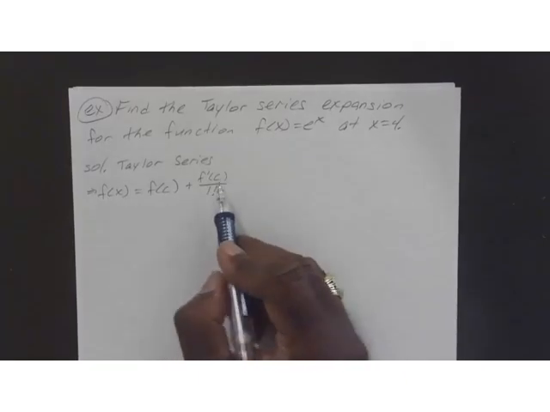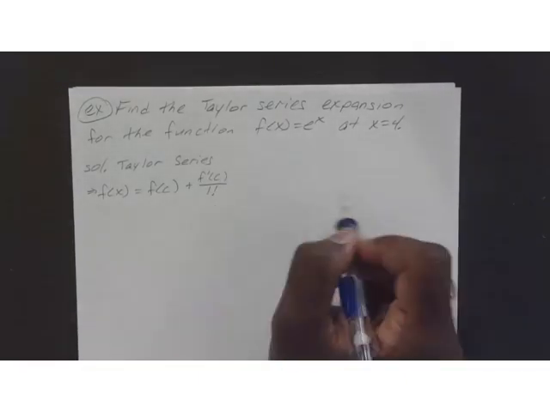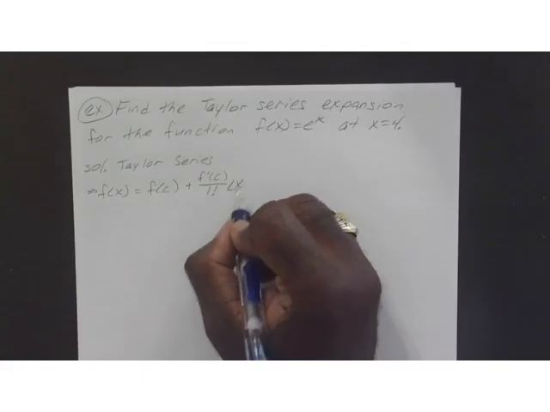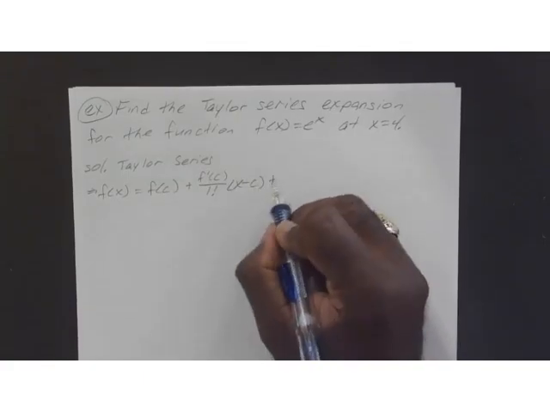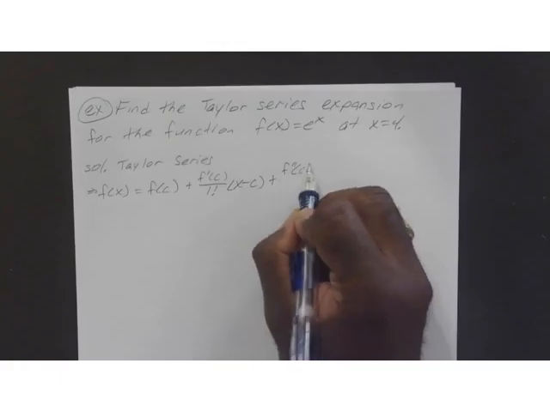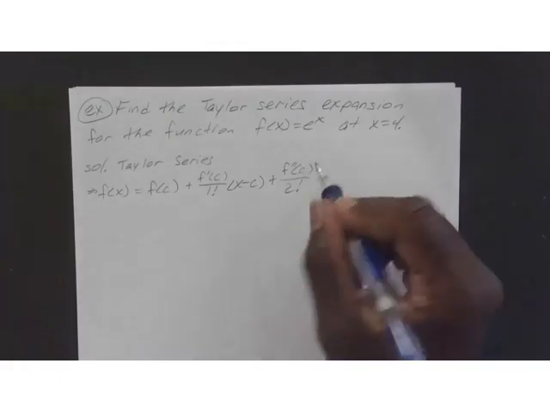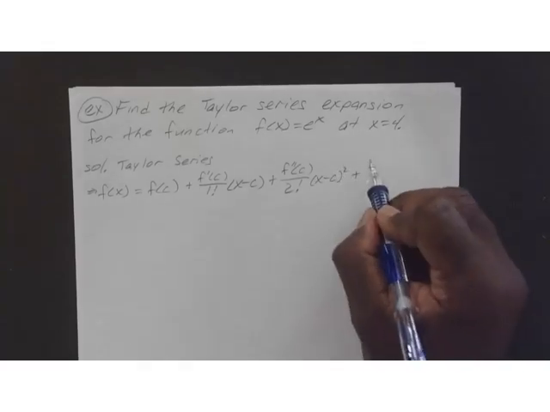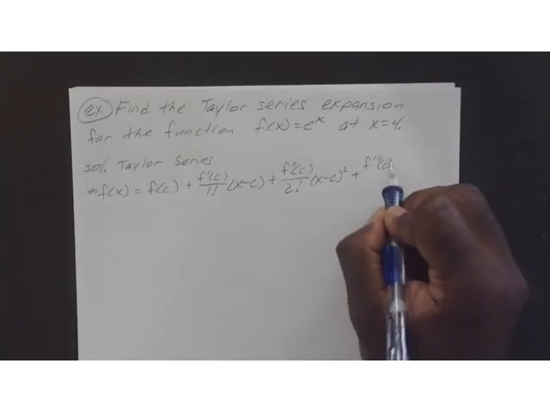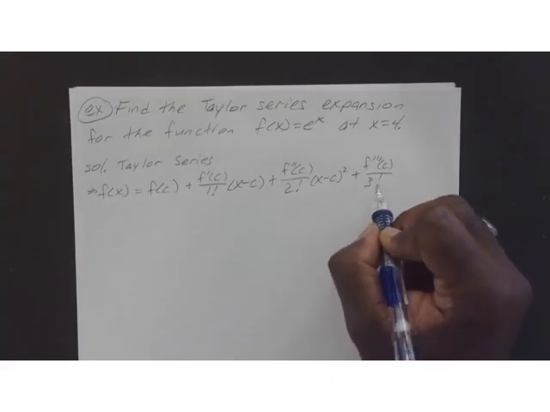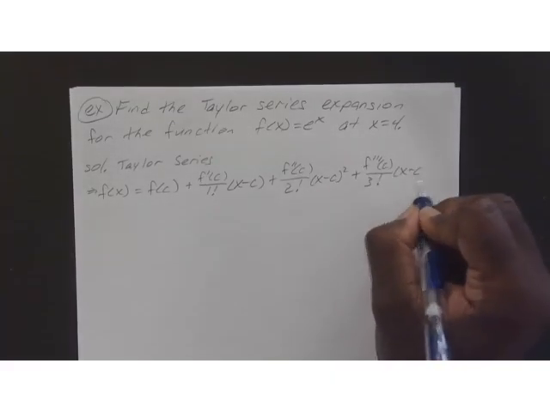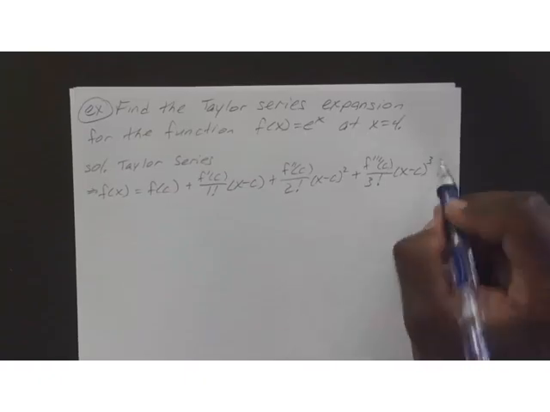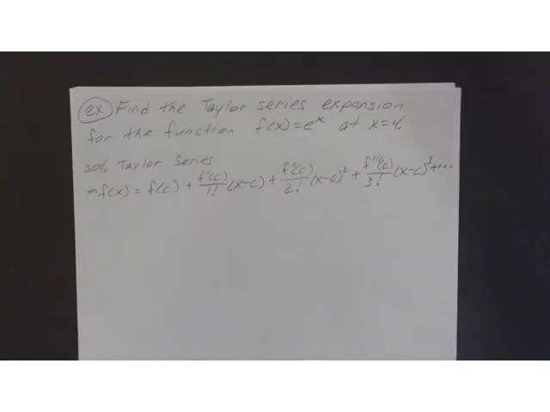And actually, you just leave it as f prime of c, but I just do that to keep up the count, times x minus c plus the second derivative at c divided by 2 factorial times x minus c squared plus the third derivative at c divided by 3 factorial times x minus c to the third power. And of course, it keeps on going, but we're just worried about the first 4.